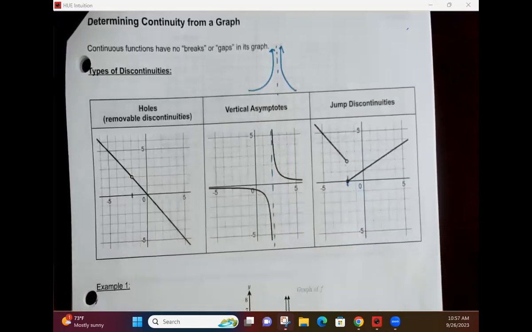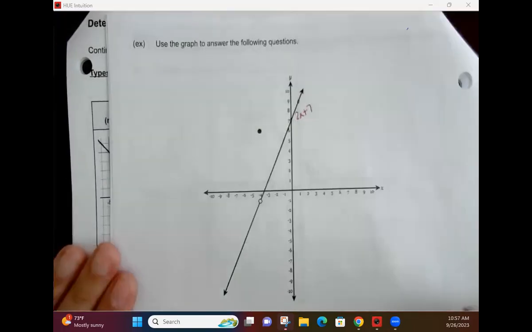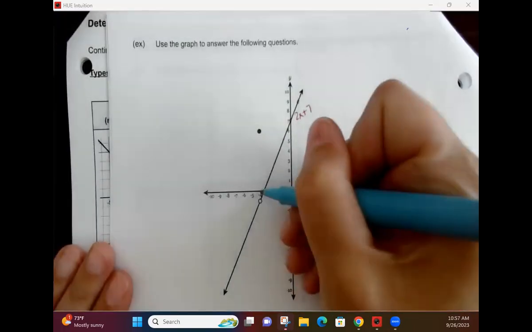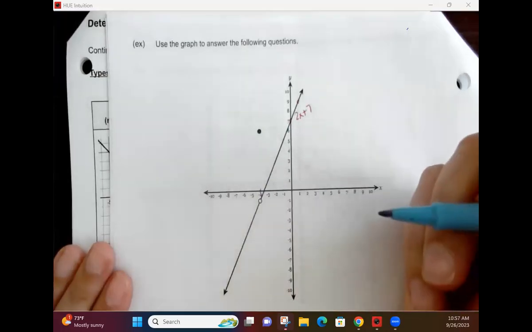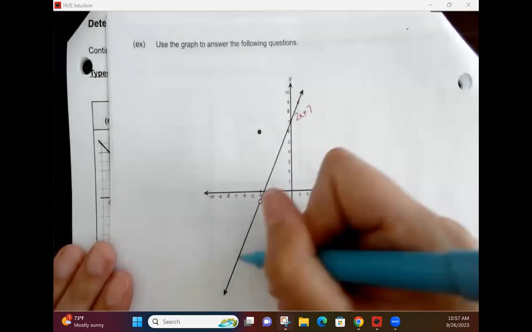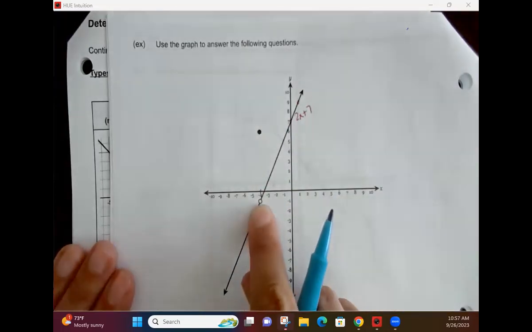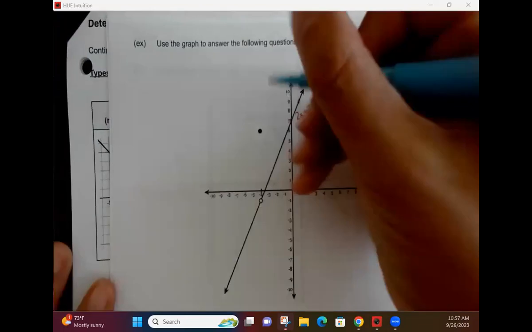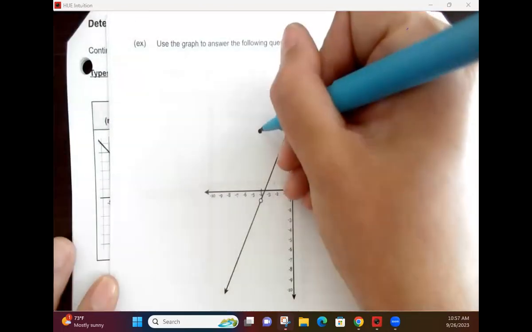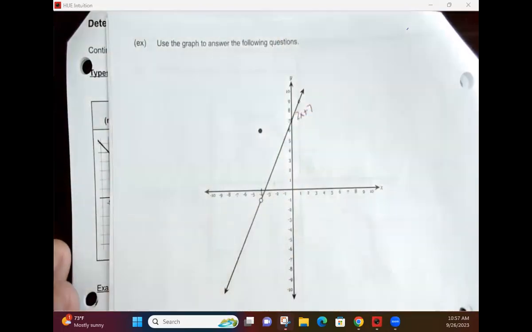We saw a jump yesterday as well with one of our examples. When x was -4, okay, on our line that we were traveling on, we didn't have a defined value there, but that point was defined somewhere else. That's going to be classified as a jump.